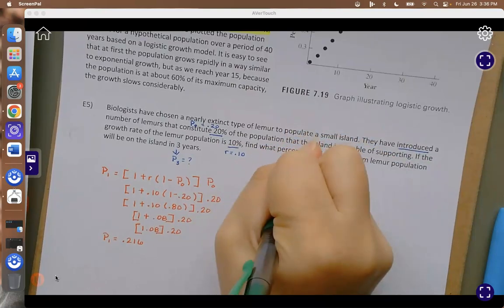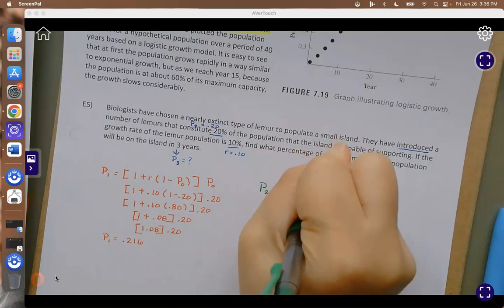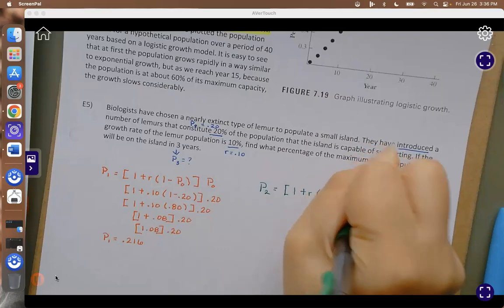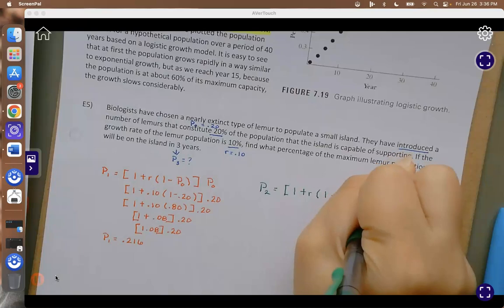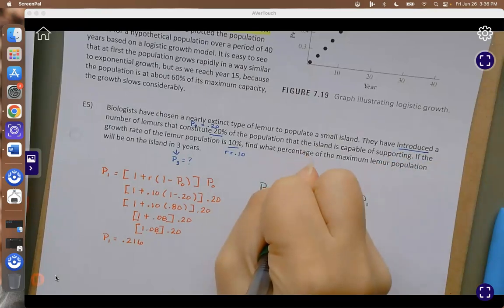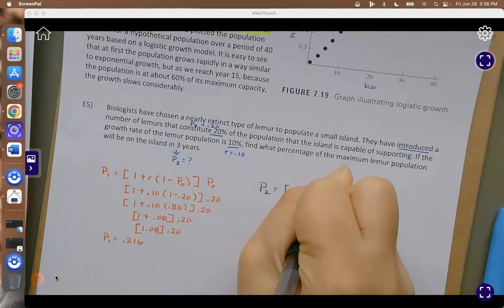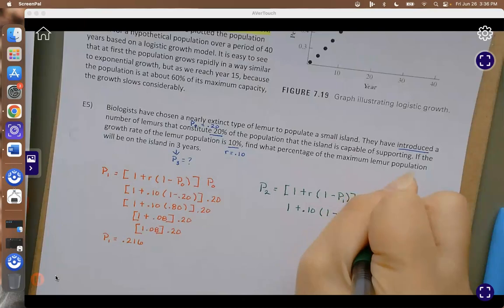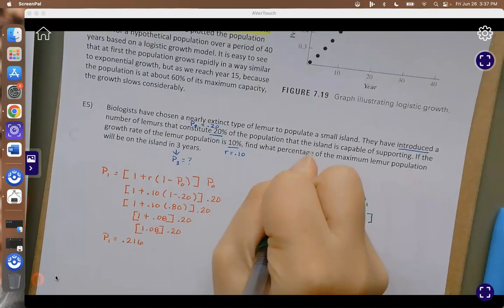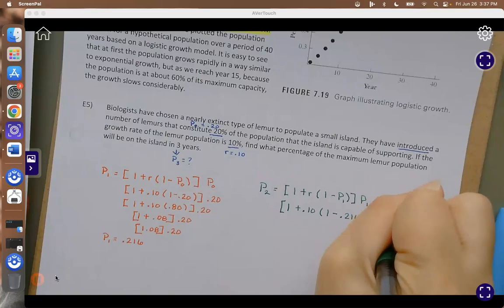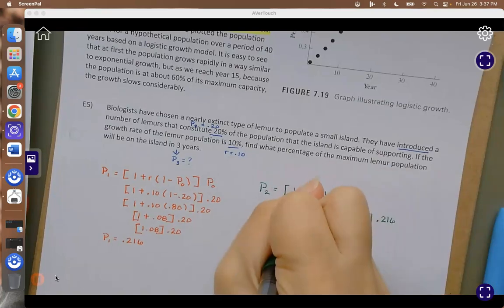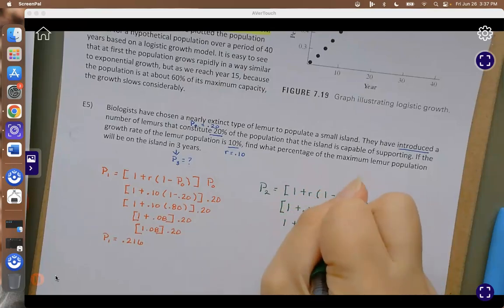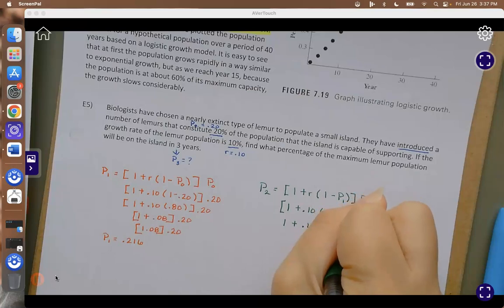Okay, so here we want 1 plus R, 1 minus P of 1, times P of 1. So here we go, 1 plus 0.10, 1 minus 0.216, times 0.216. Again, I'll be your calculator. 1 minus 0.216 is 0.784.